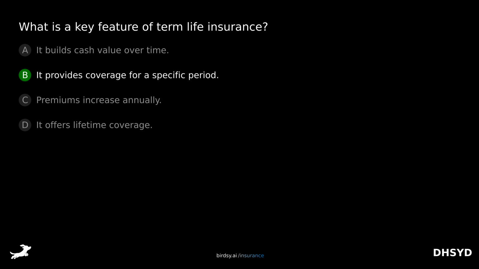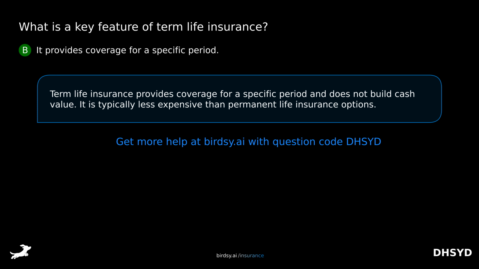The answer is B, it provides coverage for a specific period. Term life insurance provides coverage for a specific period and does not build cash value. It is typically less expensive than permanent life insurance options.